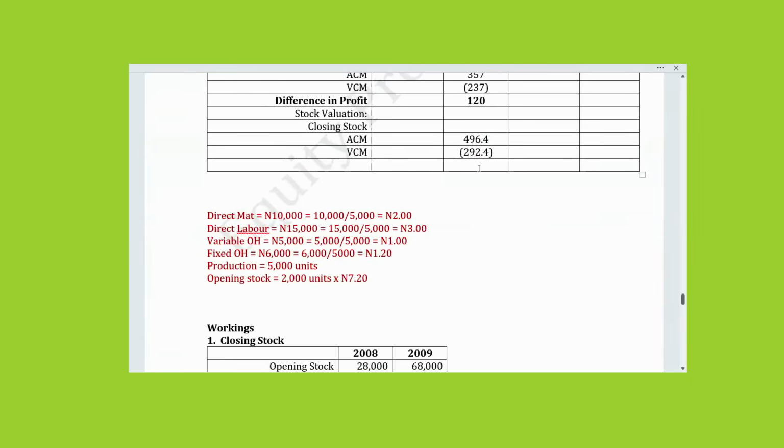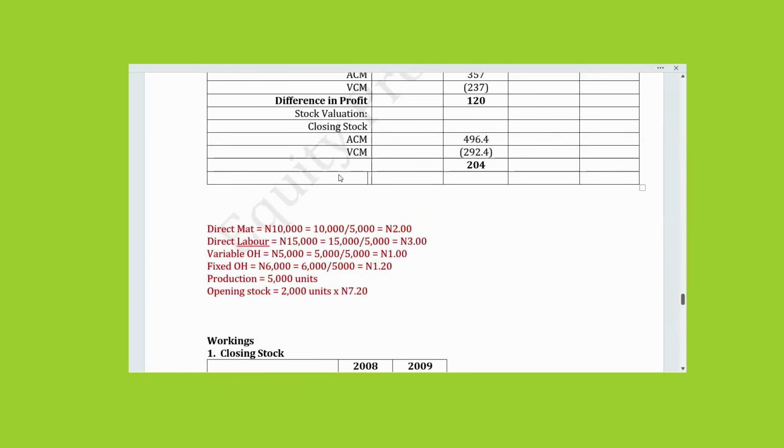So that will give us what? 204. Is it? 204. Yes. So that will give a difference in closing stock. We then find difference in opening stock.